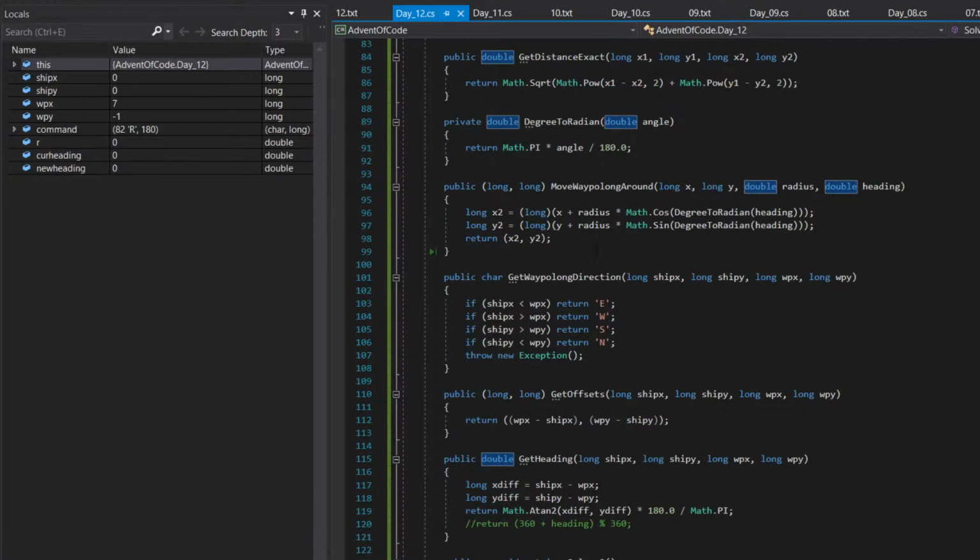Let's see, we're at 7, -1, 180 degrees to the right. It says the current heading is 278. Which is not right. The current heading should be 0.